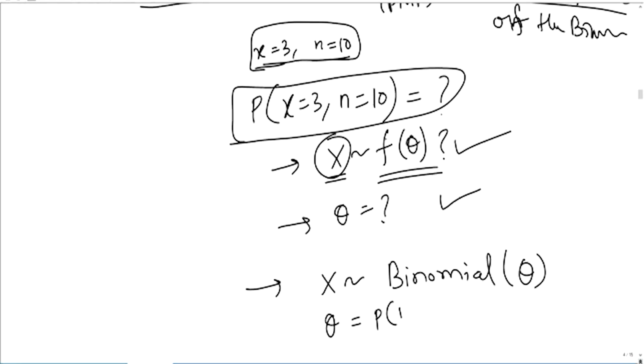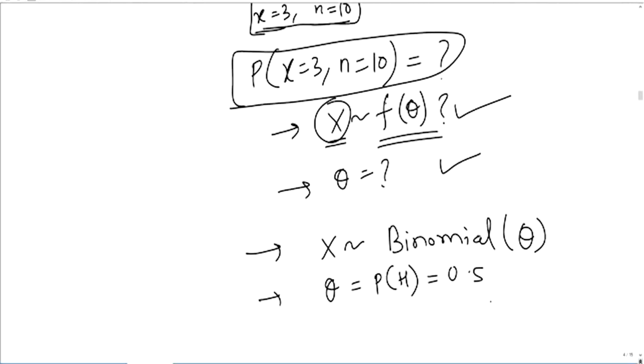What is the underlying probability of heads? If someone tells you that the coin is fair, then this probability theta is 0.5. Now you have all the information to calculate how much probability will be assigned to this event of obtaining 3 heads.